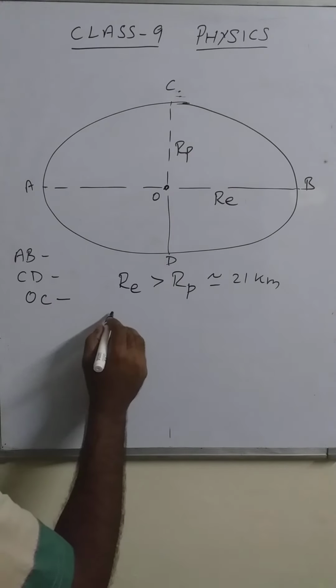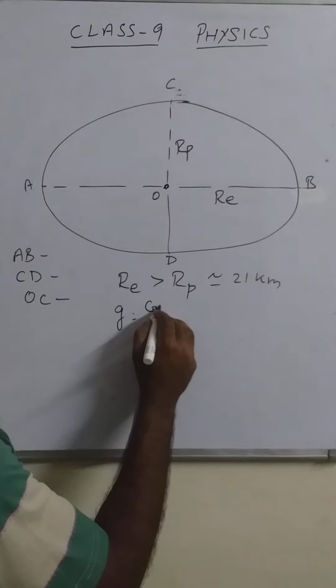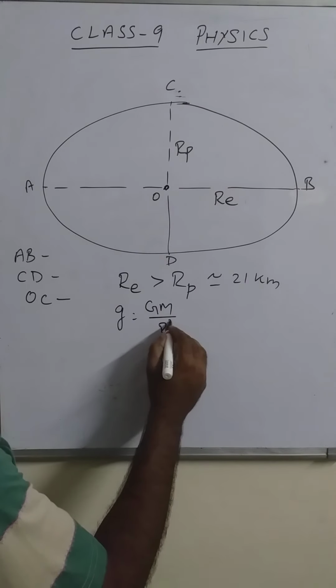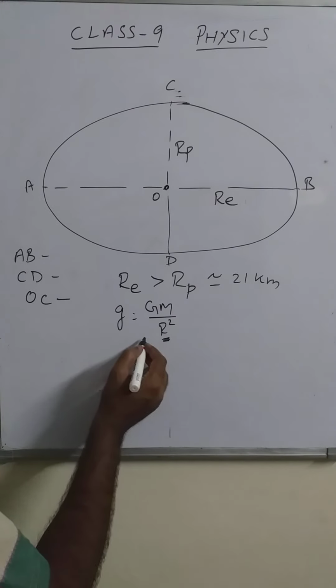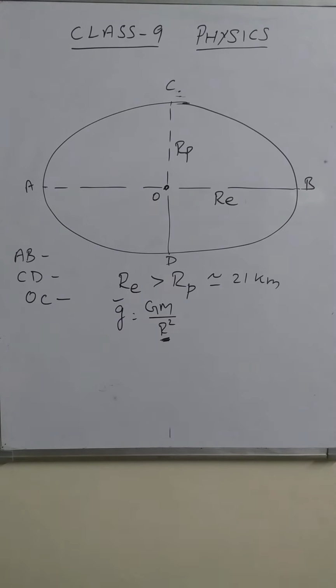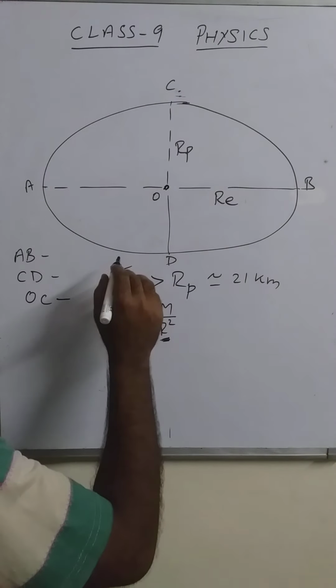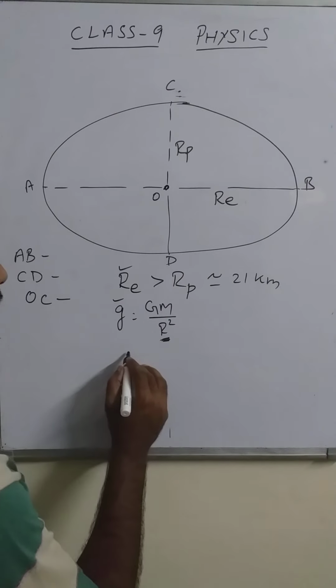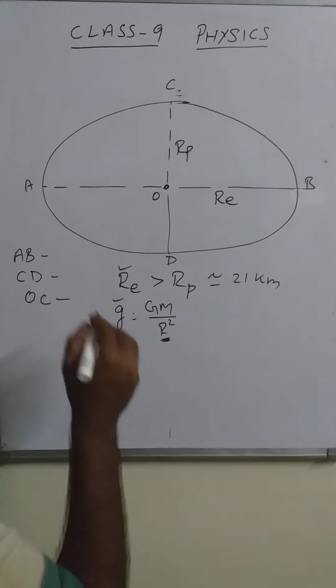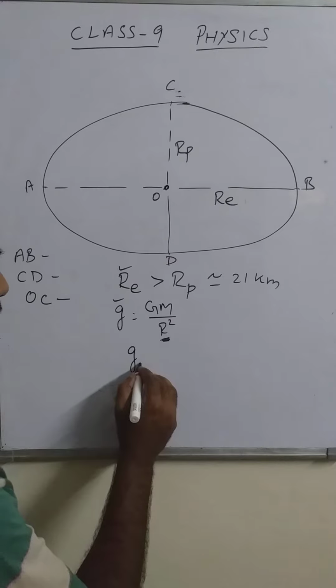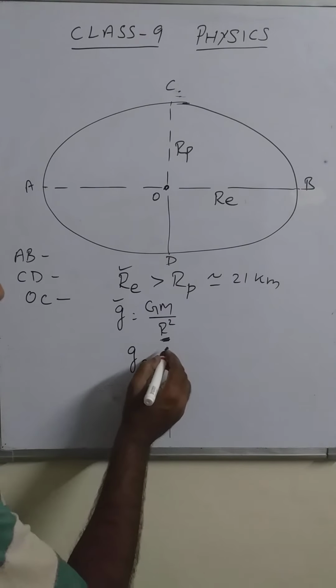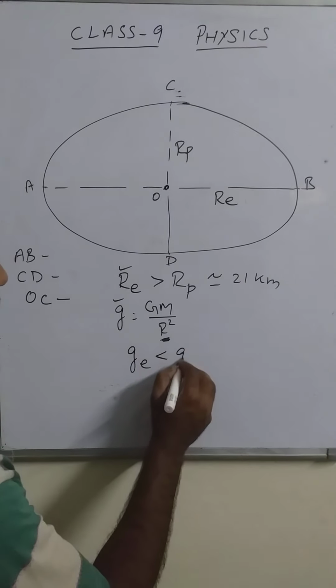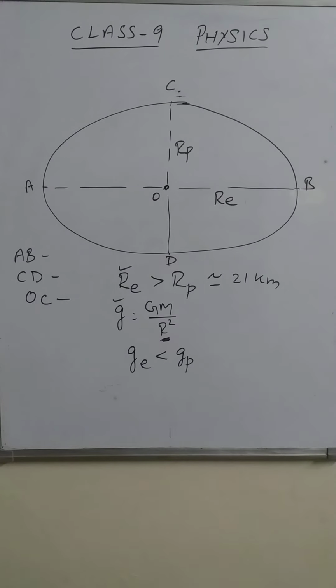That's why from the relation g equal to G M upon r square, if r is greater, g will be lesser. Here the equatorial radius is greater than the polar radius, so the acceleration due to gravity on the equator is less than the acceleration due to gravity on the pole.